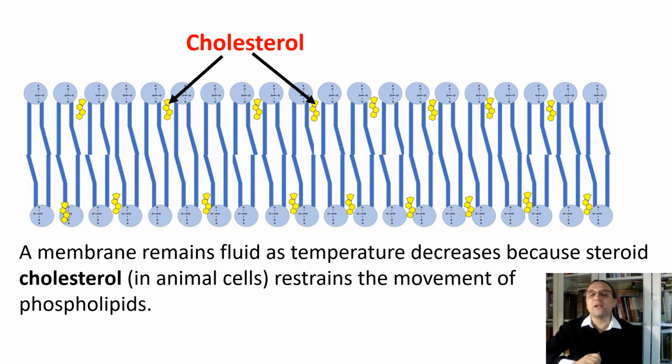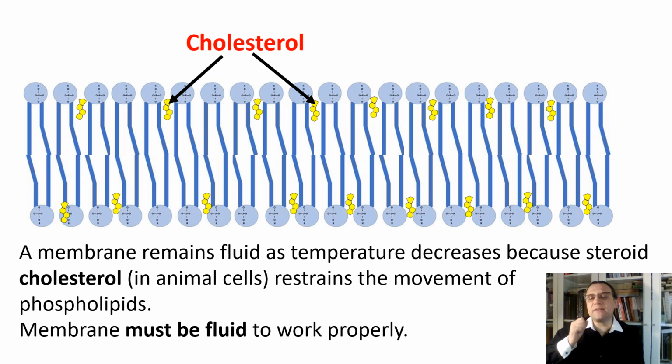Again, the sterols allow the membrane to remain fluid as temperature decreases. The membrane must be fluid to work properly. If the membrane solidifies, its permeability changes, and this leads enzymatic proteins to become inactive, and as a result, the cell dies.